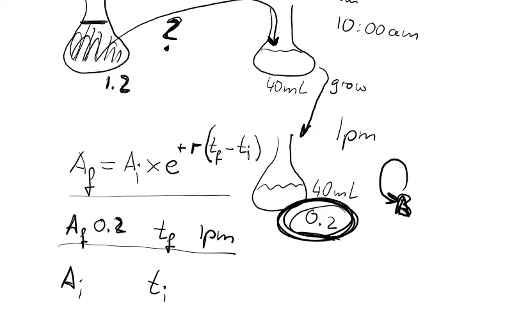So 1.2 contradicts that. Question mark. Isn't that what we are trying to find? Absolutely right. This is exactly what we are trying to find. We don't know what the A initial is at the moment. So that's the question mark.